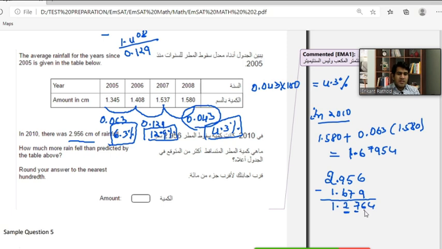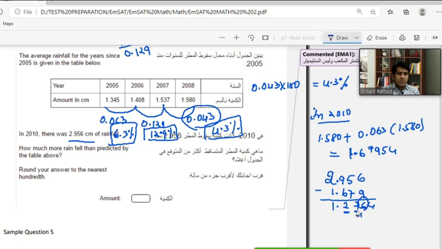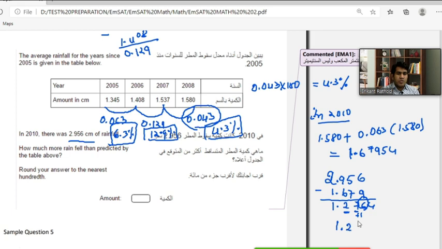As the next number is 6, which is greater than 5, we have to add 1 to the hundredths place number to round it to the nearest hundredth, so we can write 1.27 plus 1 is going to be 8. So 1.28 is the amount which is more compared to the predicted value. So the answer to this question is going to be 1.28.